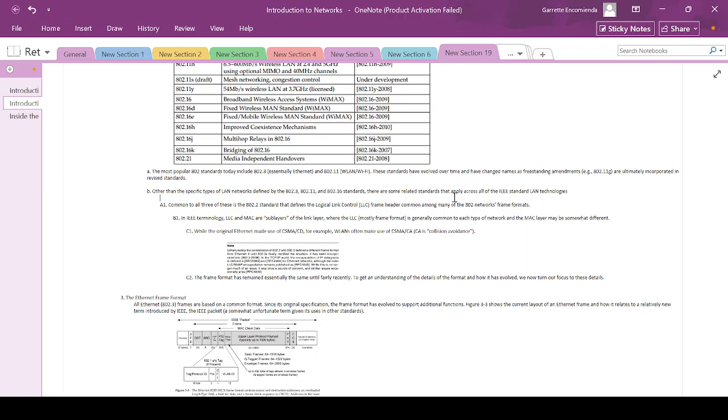Other than specific types of LAN networks defined by the 802.3, 802.11, and 802.16 standards, there are some related standards that apply across all of the IEEE standard LAN technologies. Common to all three of these is the 802.2 standard that defines the logical link control frame header common among many of the 802 network frame formats.